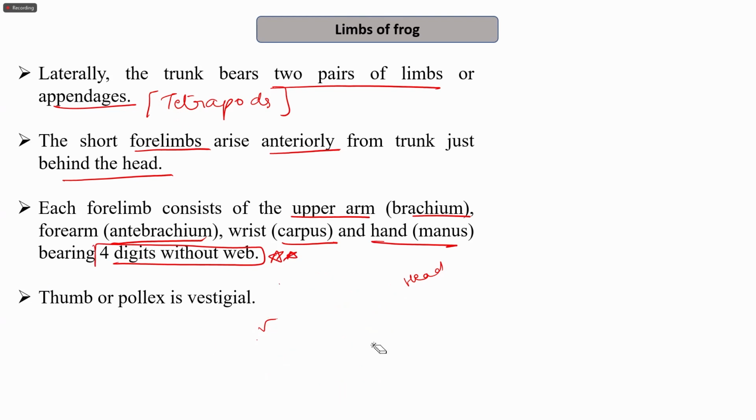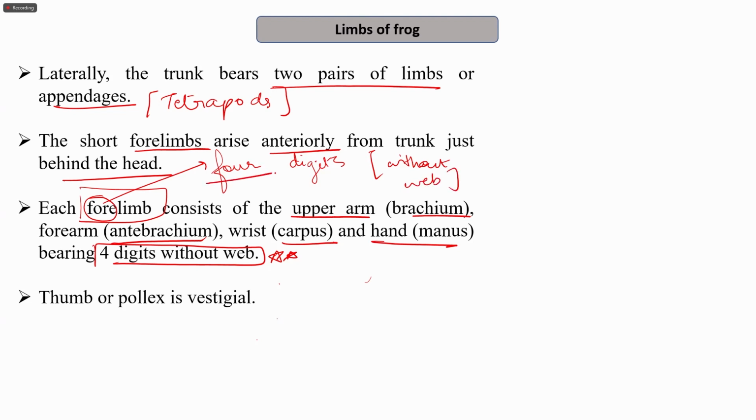In the forelimb of the frog, it will be easy to remember if you remember it by the name. Since there is a difference in the number of digits between the forelimb and the hind limb, the forelimbs have 4 digits and no web-like structure is present.